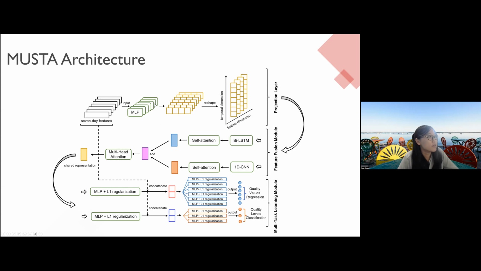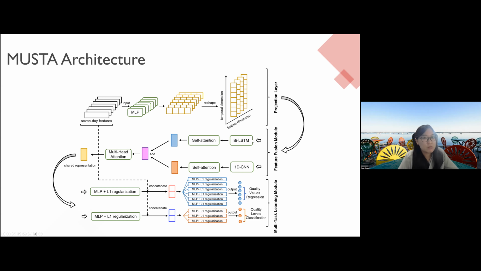So yeah, we have this time series multi-sensor data, and we made it into this two-dimensional data. In this dimension, we have hyperspectral, LiDAR, RGB. In this dimension, it's the time series data. So we have 7 here. And then we input this data into a feature fusion module.